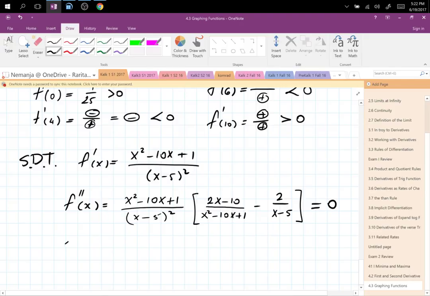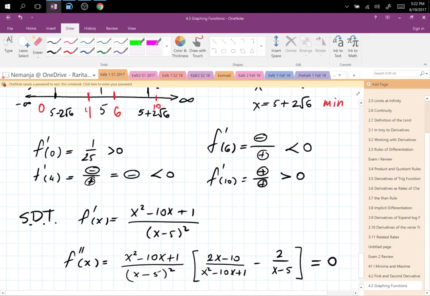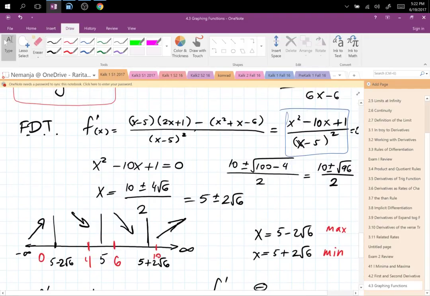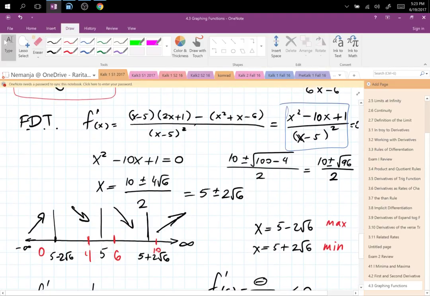So we have x squared minus 10x plus 1 equal to 0. Denominator multiplies into 0 and gets wiped out. And we already know these answers.